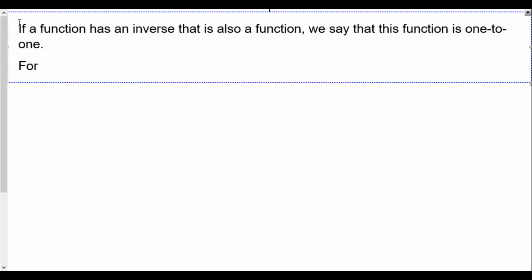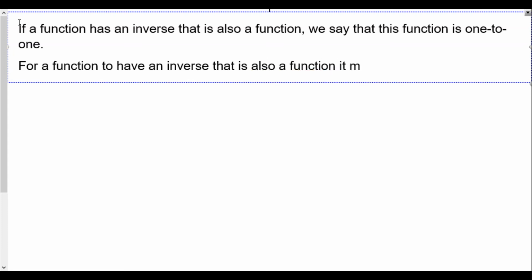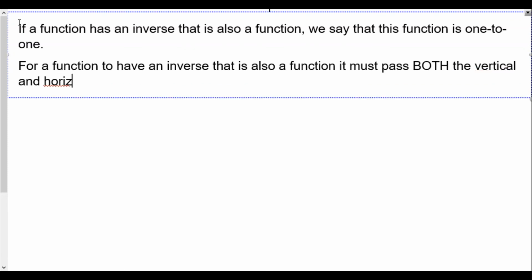So, for a function to have an inverse that is also a function, it must pass both the vertical and horizontal line tests.